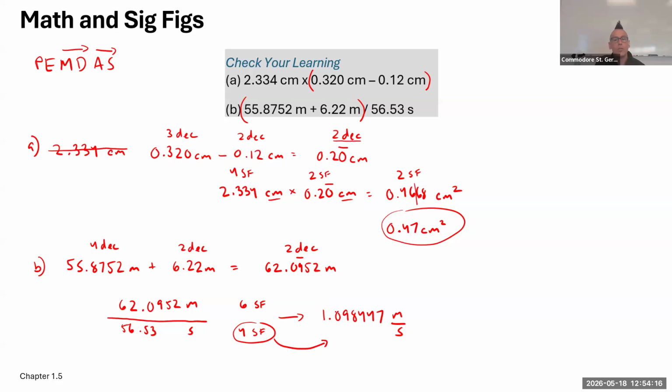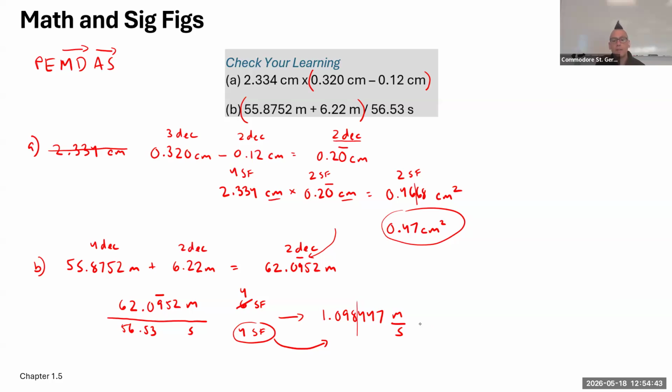So 1, 2, 3, and 4. Sorry, let me back this up. We actually only had 4 sig figs here because we needed to take into account that overline. So because it was 2 decimals, it ends up being 4 sig figs. So here's 4 sig figs, 4 sig figs. So our answer is going to be 4 sig figs.